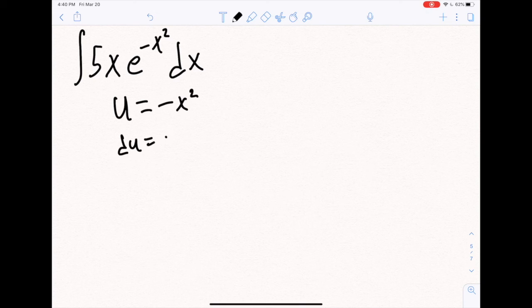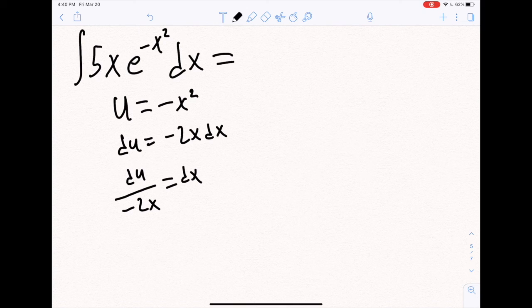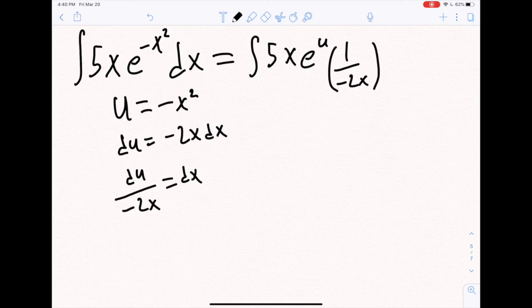So then du is minus 2x dx. Or another way to write that is du over minus 2x equals dx. So let's make that substitution. So we end up with the integral of 5 times x times e to the u times 1 over minus 2x times du.